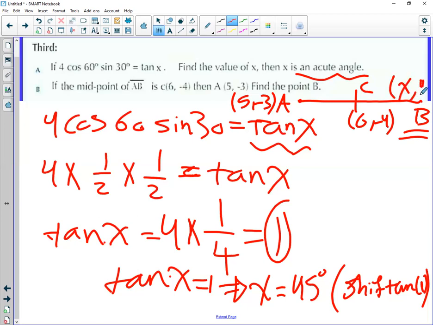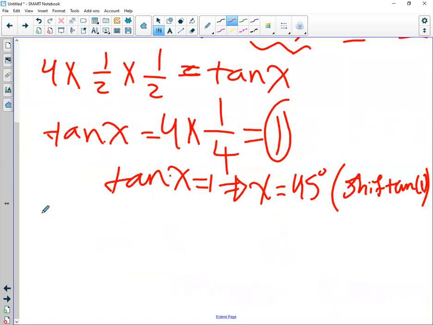Let B equal (x, y). Then (5 plus x) over 2 equals what? The first projection, 6. Let's write it: (x plus 5) over 2 equals 6.